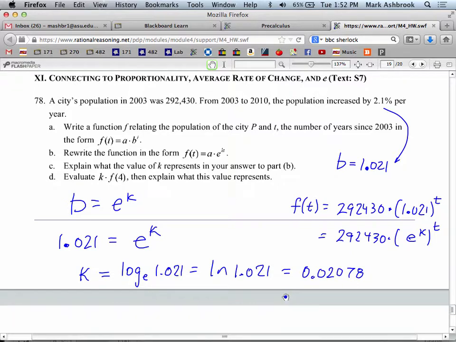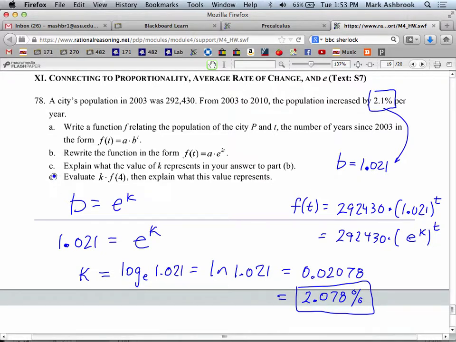Therefore, the continuous rate is 2.078%, compared to 2.1%. Which one is the true percent increase? 2.1 or 2.078? 2.1 is the true increase that was given. 2.078 is K. It's like an APR. It needs to be combined with continuous compounding to get your true rate of increase.